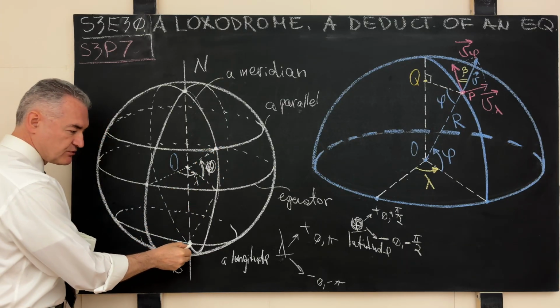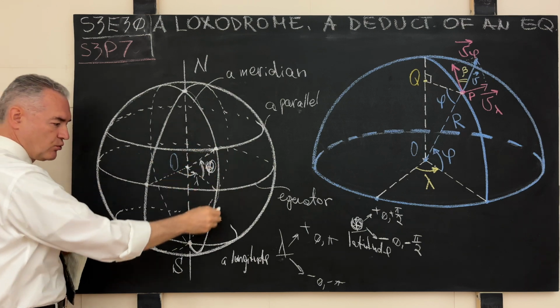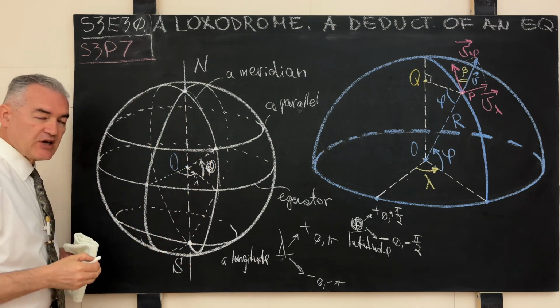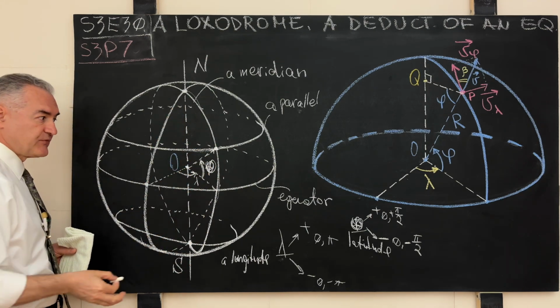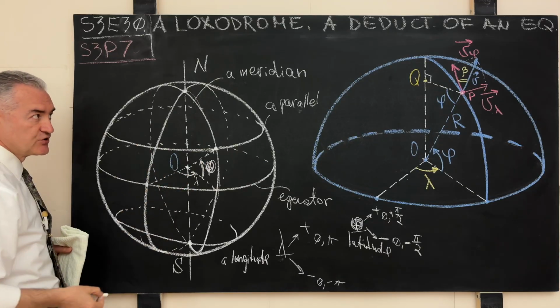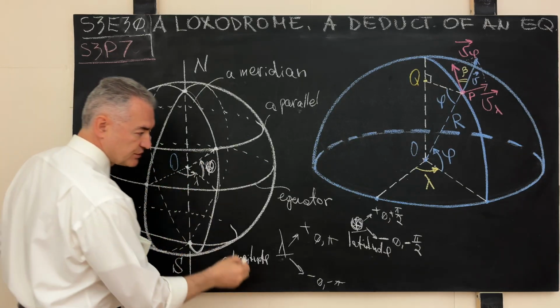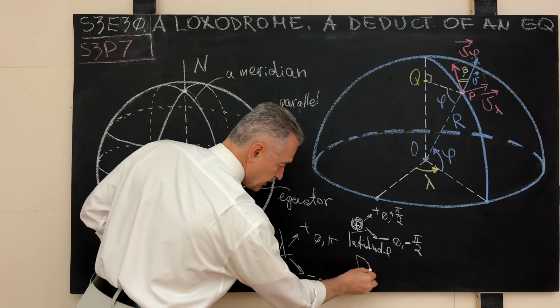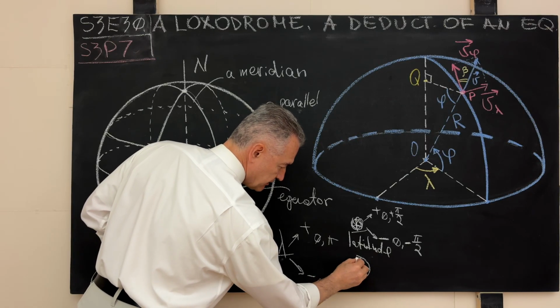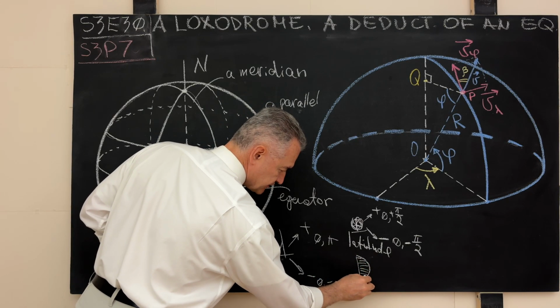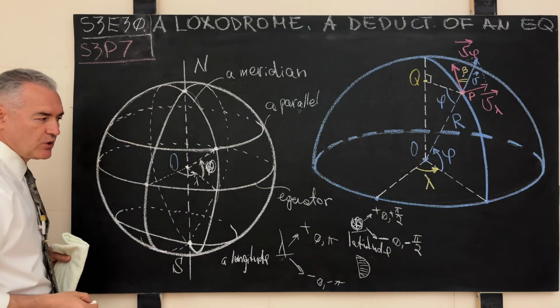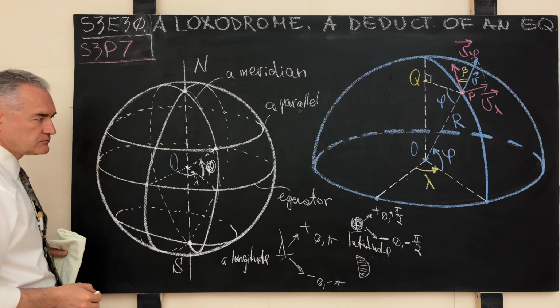And if such a point runs through one entire meridian, what type of geometric shape will this radius vector sweep? And the answer is, of course, that it will sweep exactly half a circle like this. This is called a lamina, half of a circle.